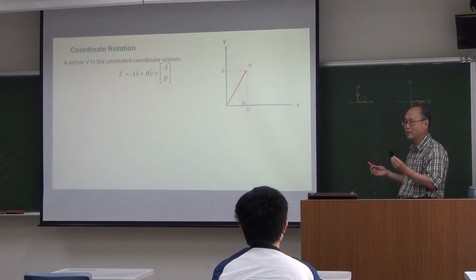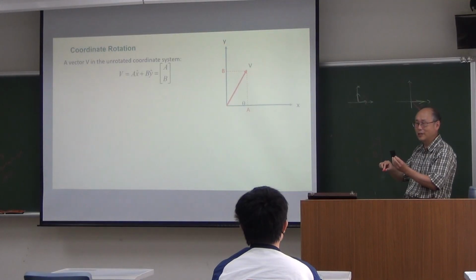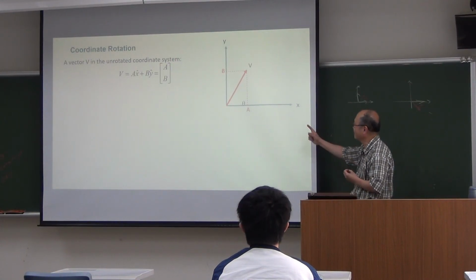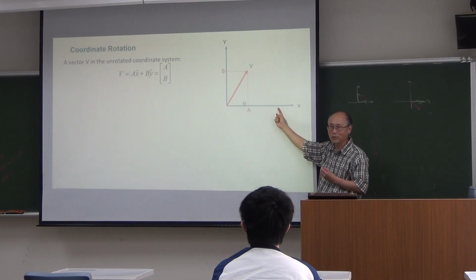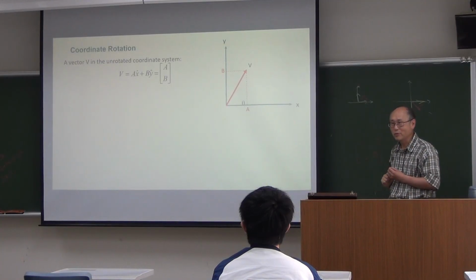But then when I try to analyze everything back to normal, this is the horizontal, this is the vertical direction, I need to be able to describe the results. So I need to do the coordinate rotation back and forth to make a conclusion.